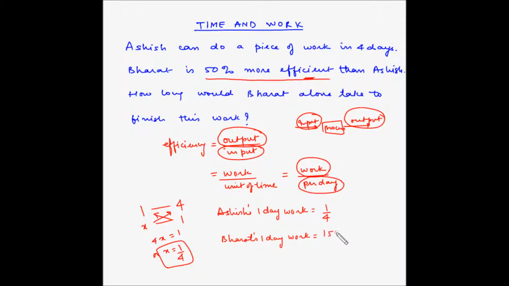So that means 150 divided by 100 multiplied by 1 by 4. This 0 gets cancelled with this 0. 15 by 10. 5 2s are 10, 5 3s are 15. So this becomes 3 1s are 3 divided by 4 2s are 8. So Bharat's 1 day work is 3 by 8th.